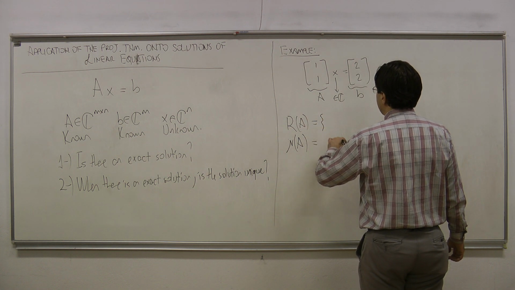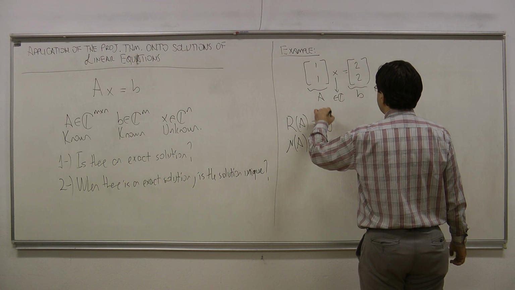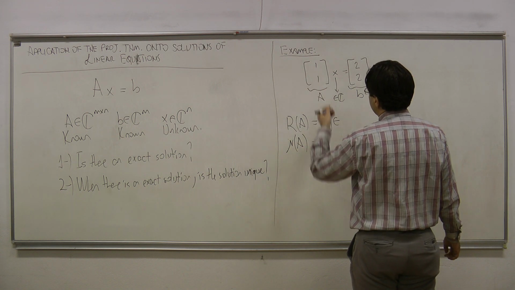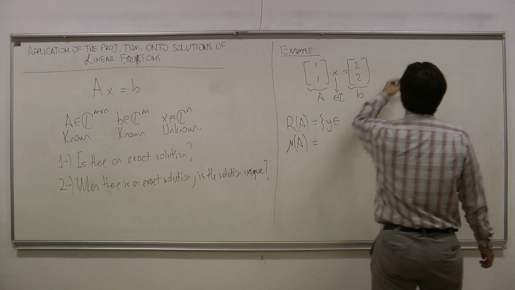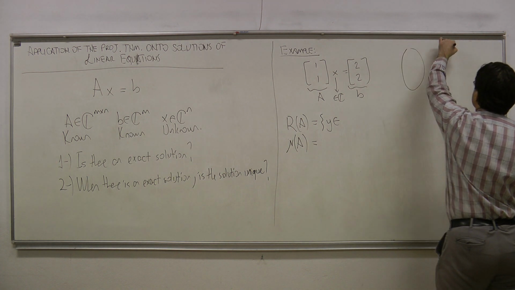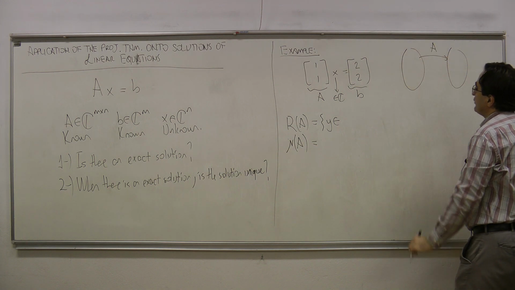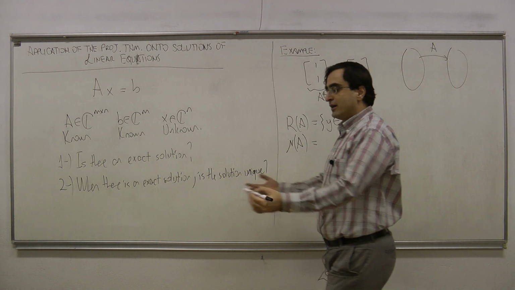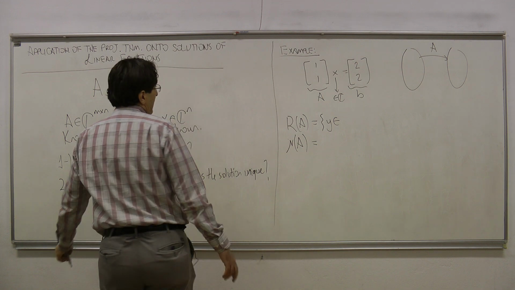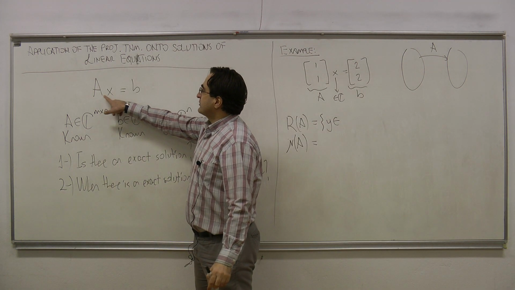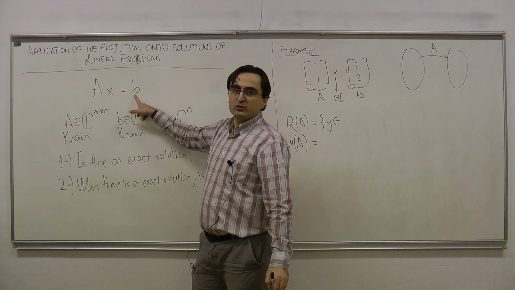So, the range space of A is Y inside the codomain of the linear transformation. Let me say this is my matrix A. It's a transformation from one space to another space. And matrix A just transforms X's into B's.